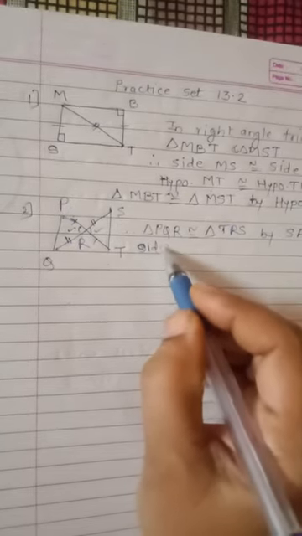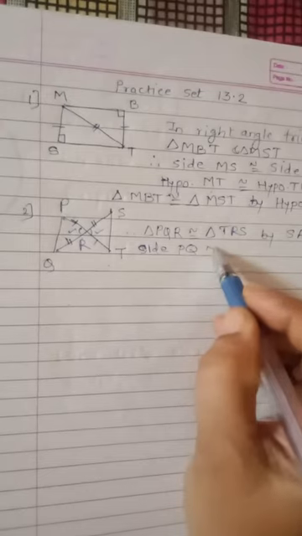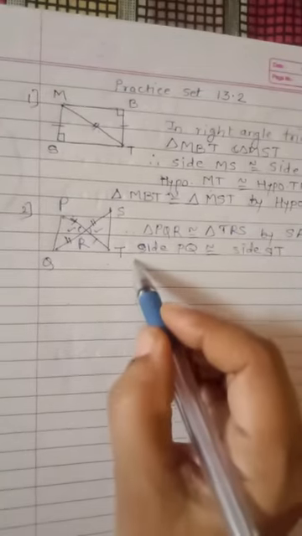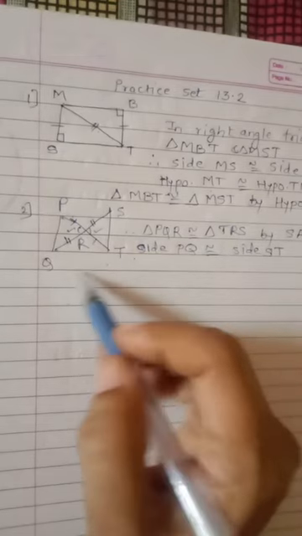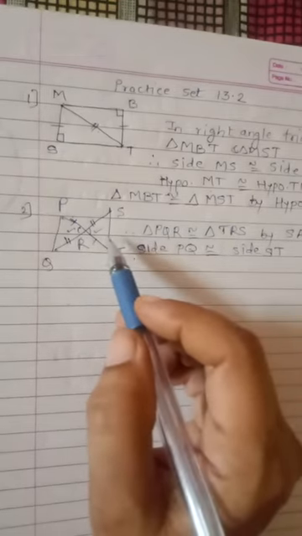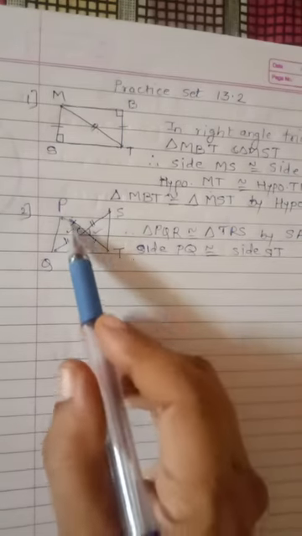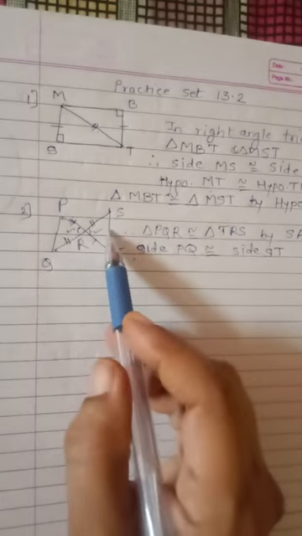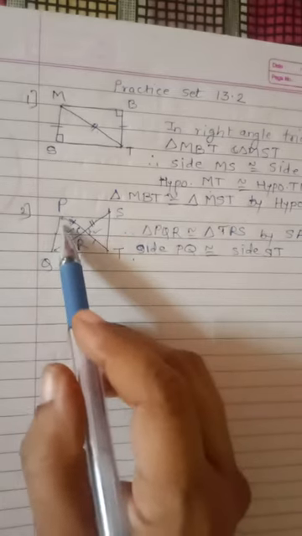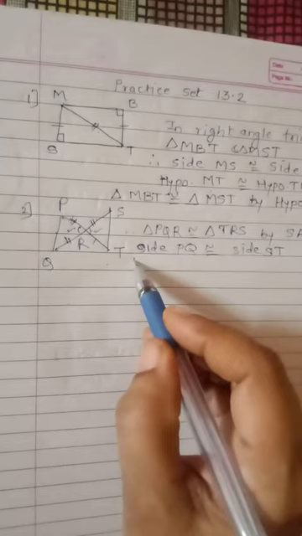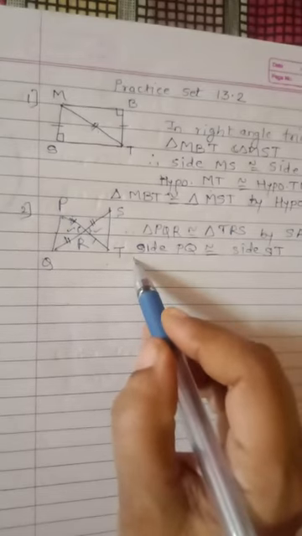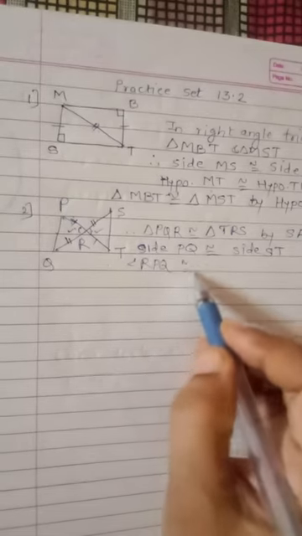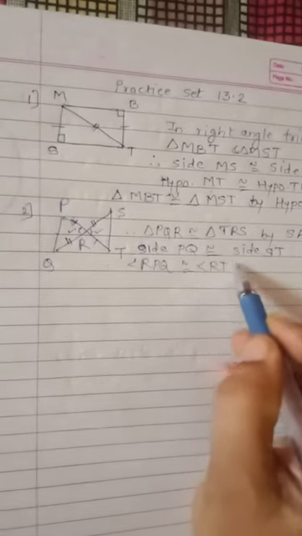Side PQ is congruent to side ST. This is first. Total 6 parts are there, 3 angles and 3 sides, out of which 2 sides and 1 angle are given. So 1 side and 2 angles are remaining. Which are the 2 angles? They are RPQ and RTS.